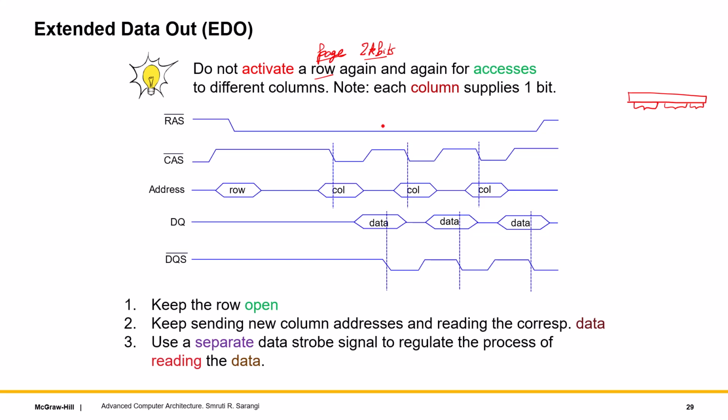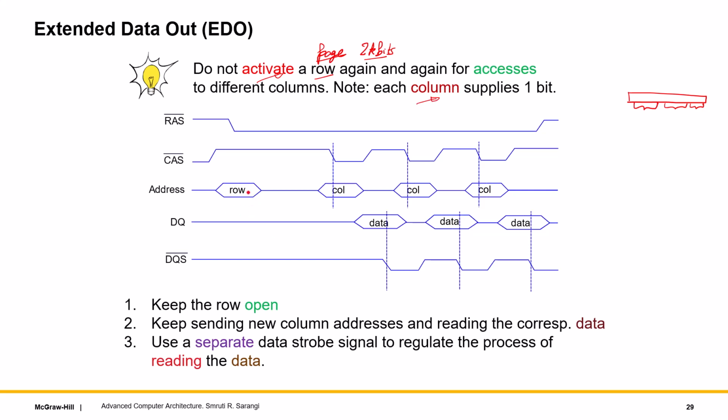So the idea is that you need not close the row. Close the row would basically mean pre-charge the bit lines back. Again, you need not do that. You can keep the row activated, which means the sense amps retain their values and you keep on accessing them, albeit a different set of columns. So for a single array, each column supplies 1 bit, but across the arrays, of course, multiple bits are supplied.